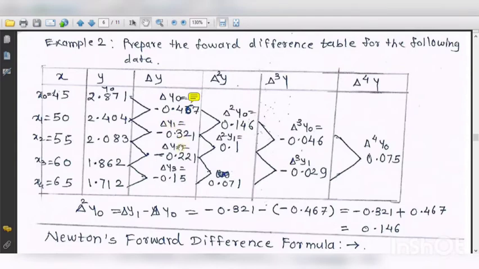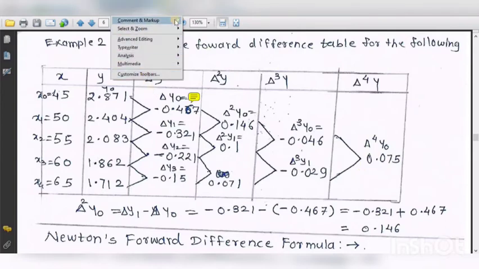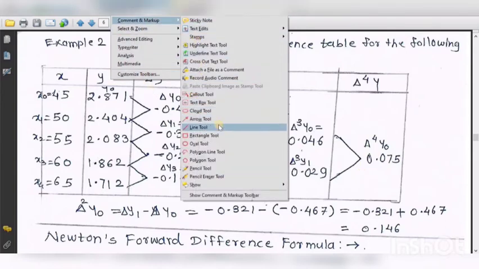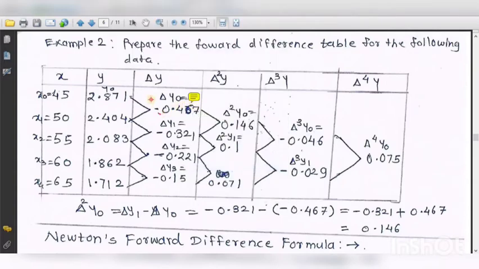This is my delta y0, delta y1, delta y2, delta y3, delta square y0, delta cube y0 and delta raised to 4 y0. I am interested here only in the values of the forward differences of y0, means this value, then delta square y0, because I need these values in the formula.